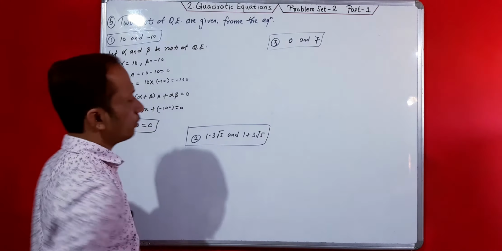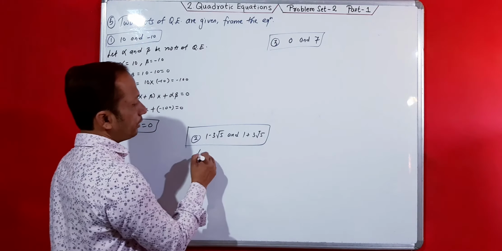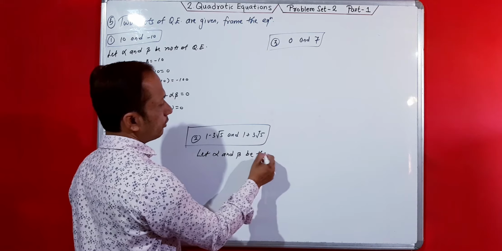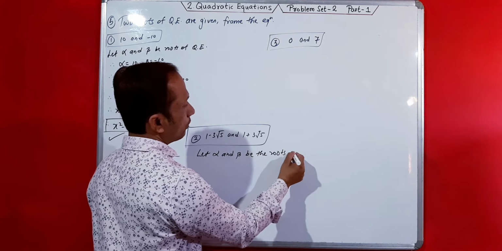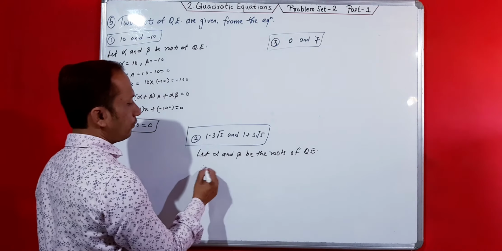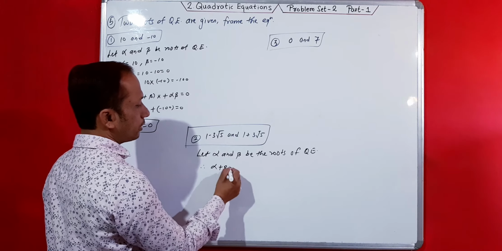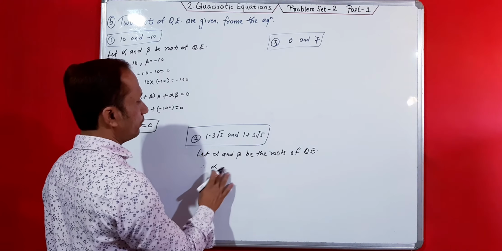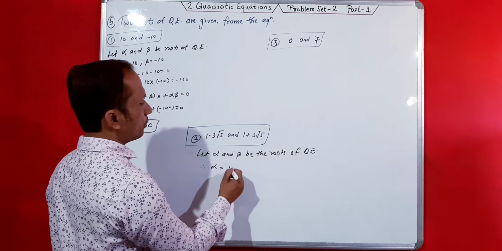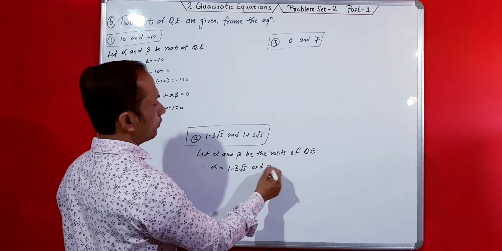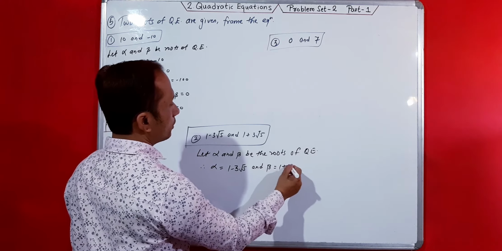Come to the second. Let alpha and beta be the given roots of the quadratic equation. You write in full form. Therefore alpha is equal to 1 minus 3 root 5 and beta is equal to 1 plus 3 root 5.